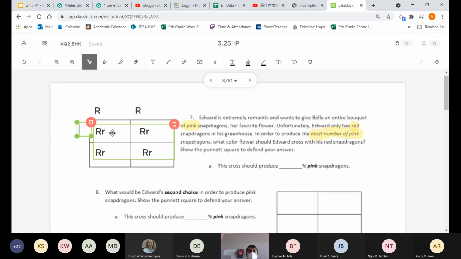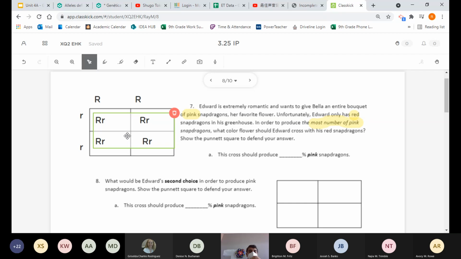You have your big R here, little r there, big R here, little r there. He would need to have a white flower to cross to get 100% pink snapdragons.